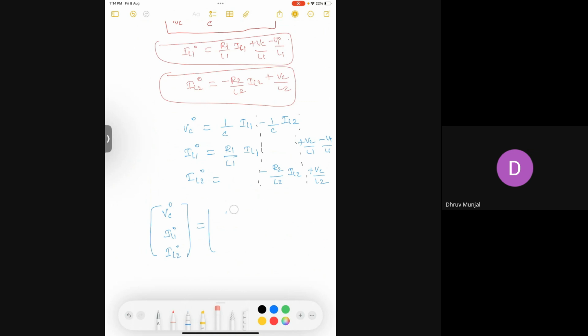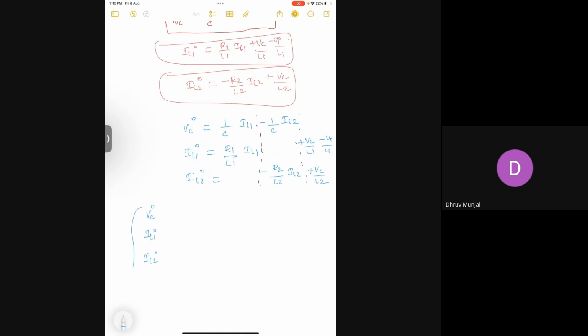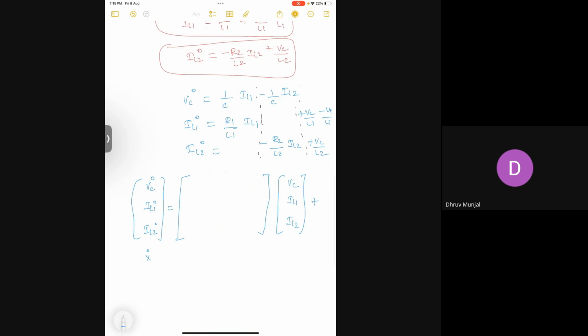To avoid confusion, I will write the state matrix first. Vc dot, IL1 dot, IL2 dot, this is the left hand side. Similar to X dot equal to, there will be some matrix times Vc, IL1, IL2, because these are all the states we define. The input matrix will come again.